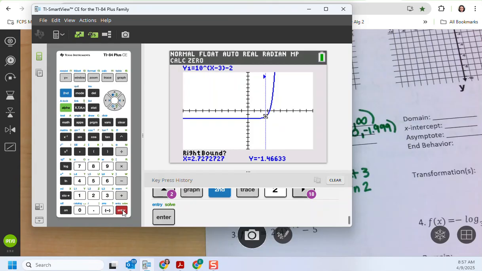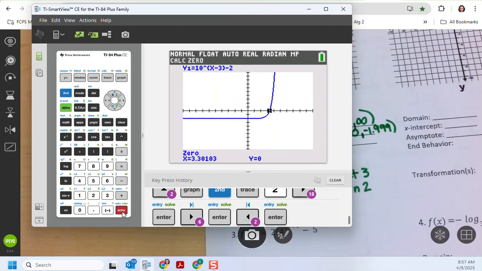After I press enter 1 time, it asks for the right bound, and so we use the right arrow until you're to the right of that 0. So you can see where my cursor is. That's a good place. And then press enter 1 time. I know your calculator doesn't give you those nice lines. It's fine. And now it says guess. It wants you to move close to the 0 and press enter 1 time.